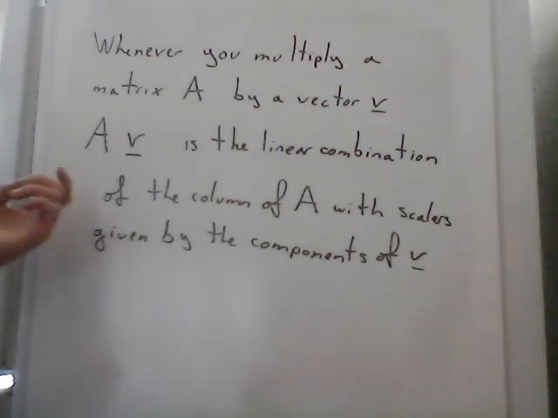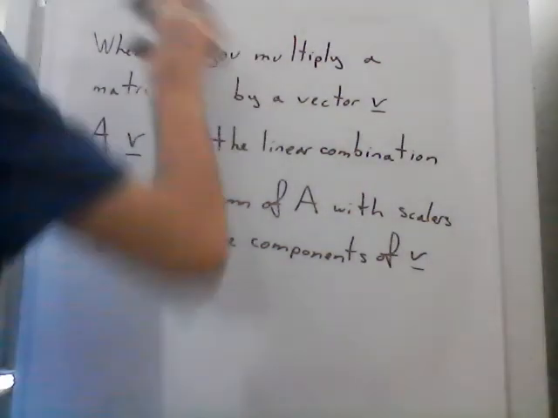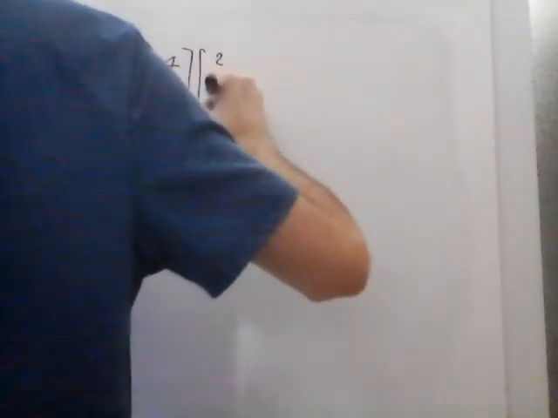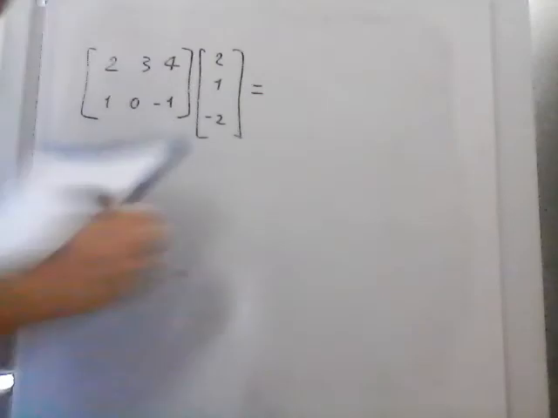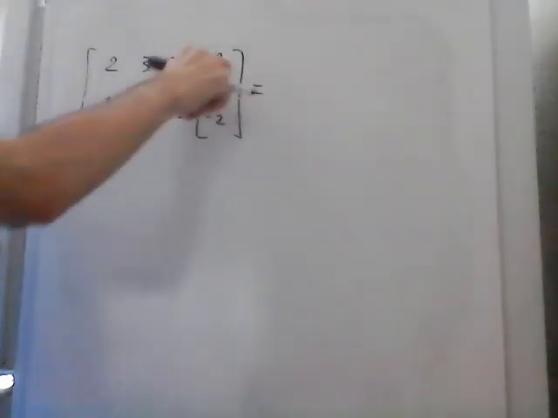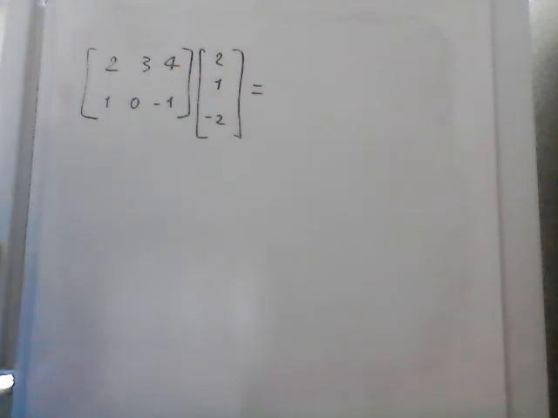Let's see this on the example that we considered before. This product, the matrix with rows (2, 3, 4) and (1, 0, negative 1), times the vector (2, 1, negative 2), is the same as doing the linear combination of the columns with these coefficients given by the components of the vector.